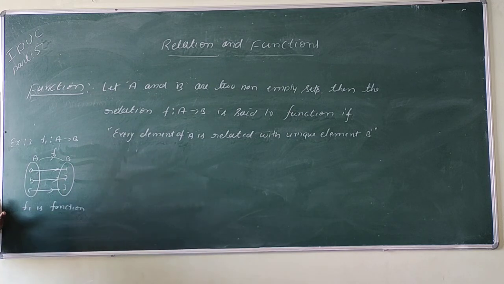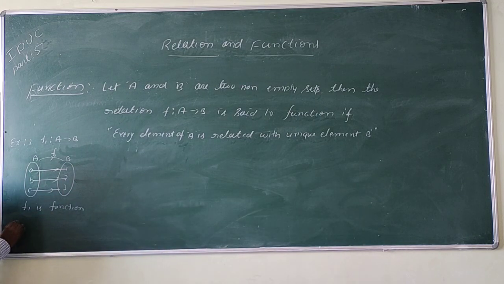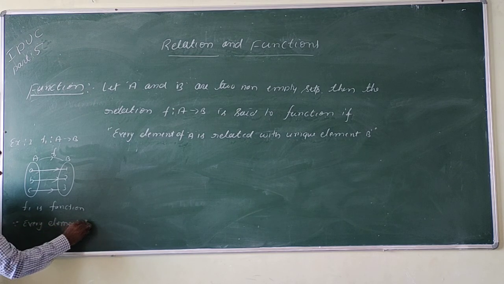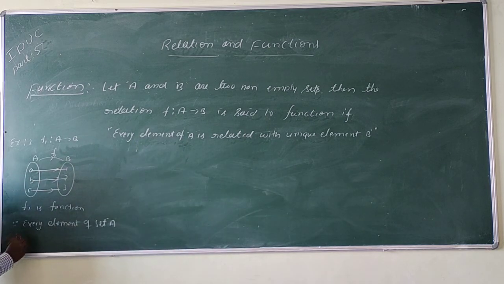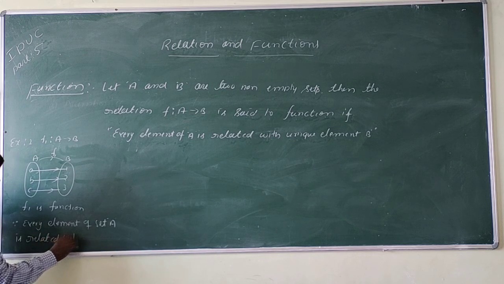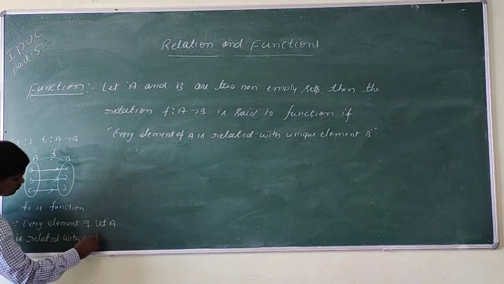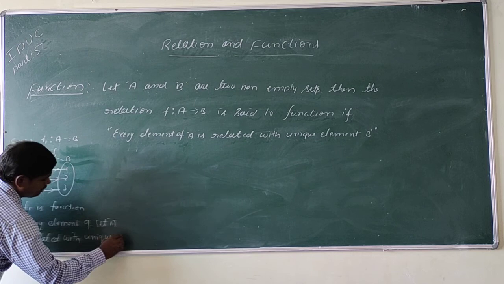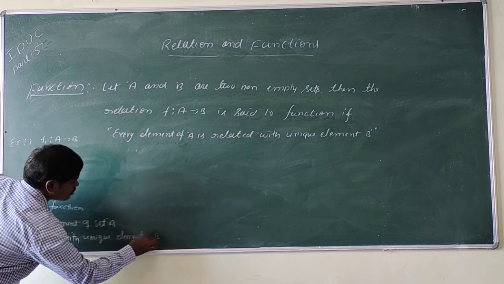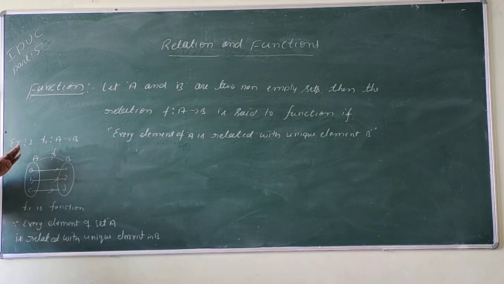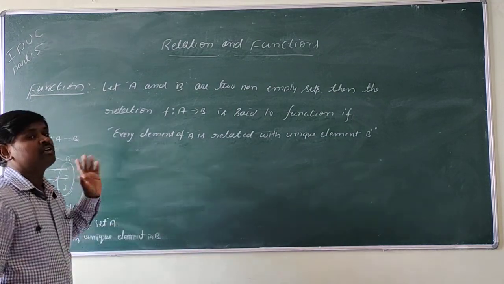Therefore, F1 is a function, because in this relation every element of set A is related with a unique element in B. So this relation is a function.